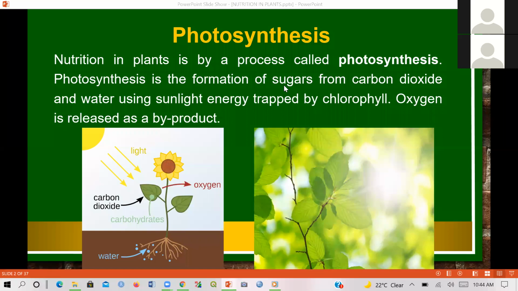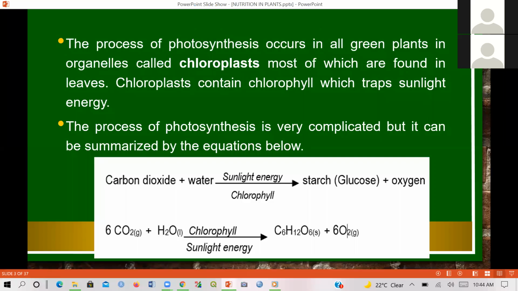But however, this glucose can be converted to other forms and stored. So the immediate product is glucose. Then this glucose can be converted to other products and stored. And the format in which glucose is stored is called starch.